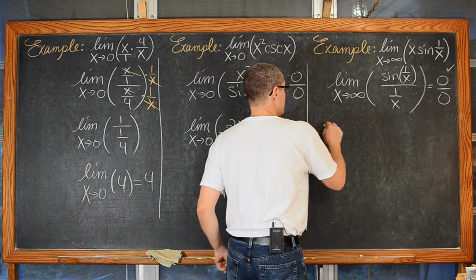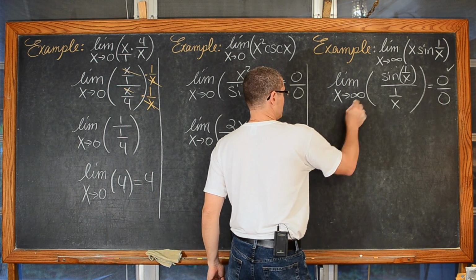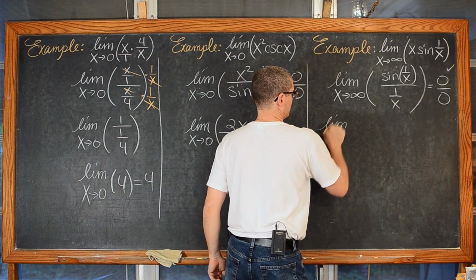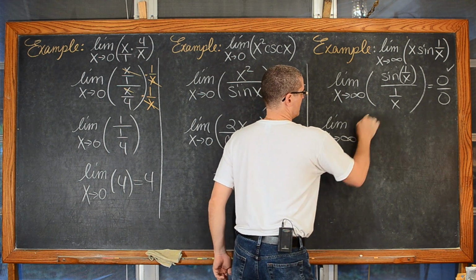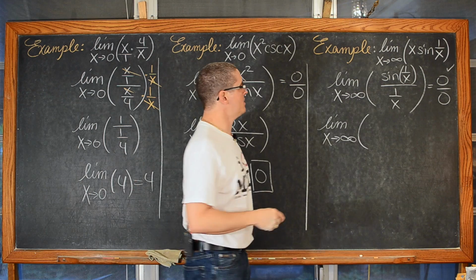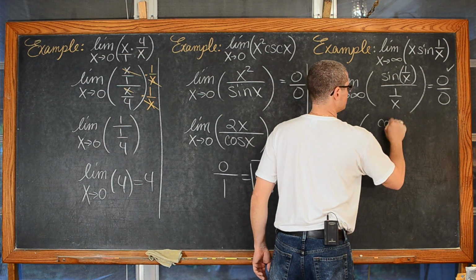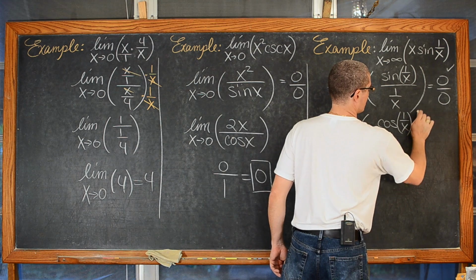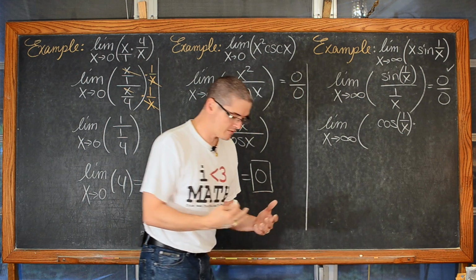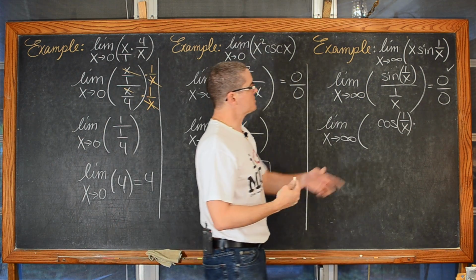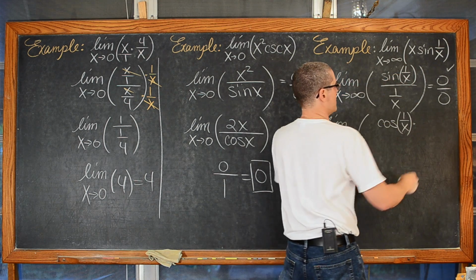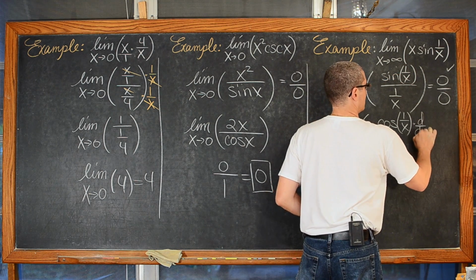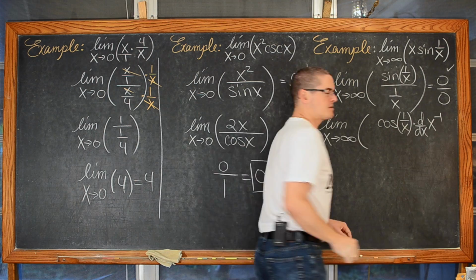So the limit as x approaches infinity, the derivative of sine is cosine of 1 over x. Now we need to multiply by the derivative of that inside function. 1 over x is the same as x to the negative 1, right?